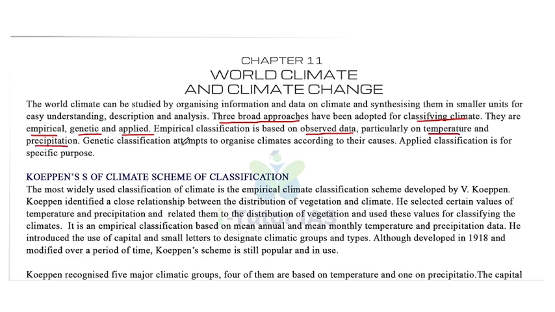The genetic classification attempts to organize climates according to their causes. And the applied classification is for specific purposes.